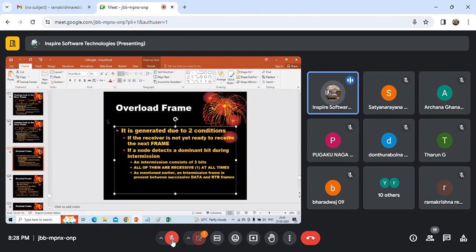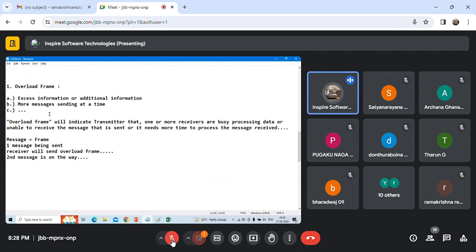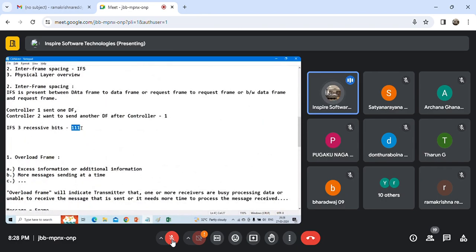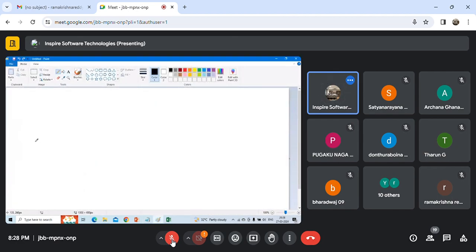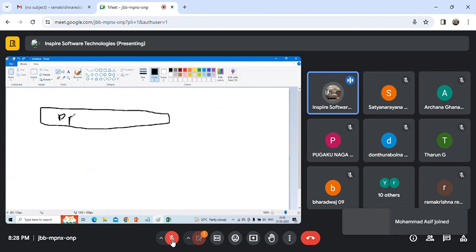And there is another scenario: if a node detects a dominant bit during the intermission frame. When the intermission frame comes, there should be 3 recessive bits. All recessive bits should be there between frame to frame. Let's say I sent a frame, it can be a data frame or a remote frame.